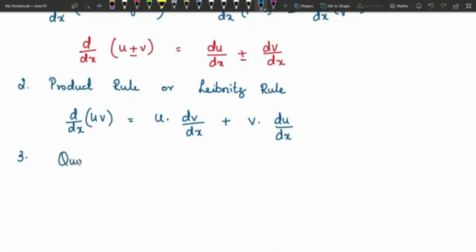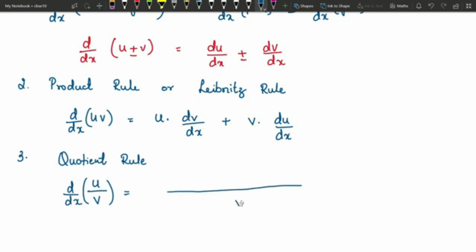Next we have quotient rule, also called division rule. That is, if you have a fraction, then you will be using this rule. So if we again consider two functions u and v, and it is of the form u by v, then d by dx of a fraction or a quotient is, you have to write denominator square. Here we will write denominator into derivative of numerator minus numerator into derivative of denominator.